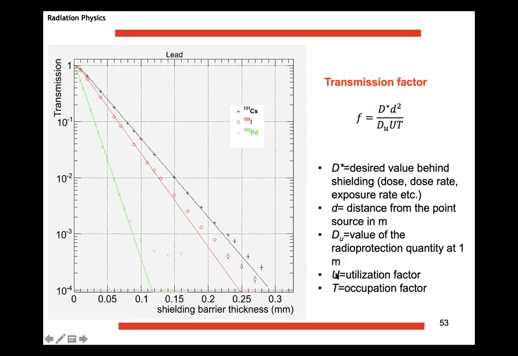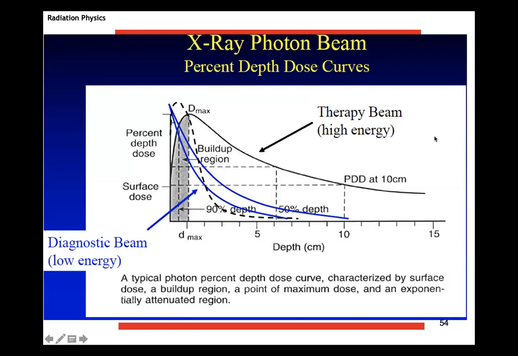U is the utilization factor, and T is the occupation factor. This is very important because U tells you how much you use the source, and T tells you how long you stay in that place. At the end, you come out with this formula for the transmission factor, and that's the dependence on the shielding for different energies.